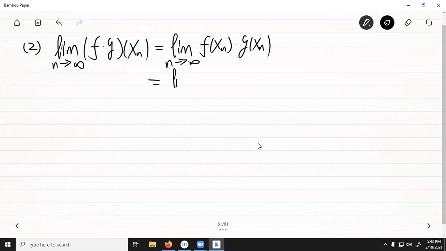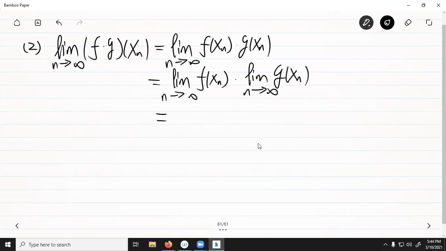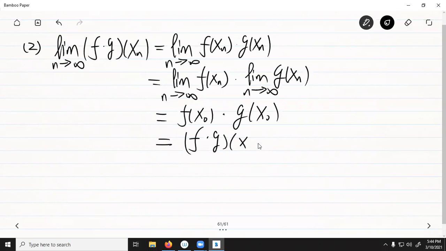Then we take the limit for each one, times the limit of the other, so this is f of x0 times g of x0. So it means f times g of x0.